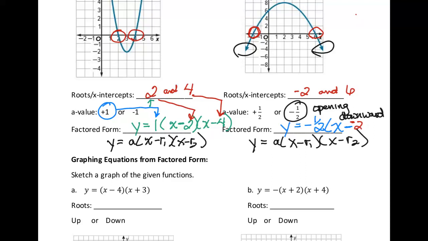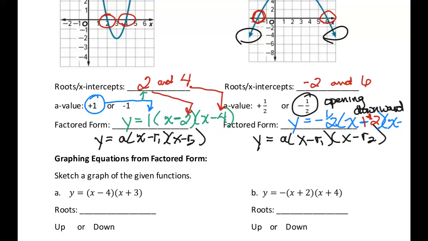We can't have subtracting a -2, so that's why we say change it to a +2, right? And x minus 6.